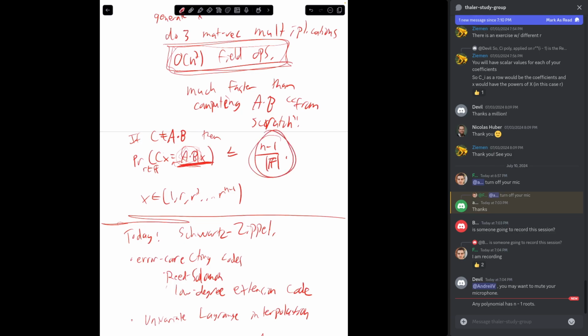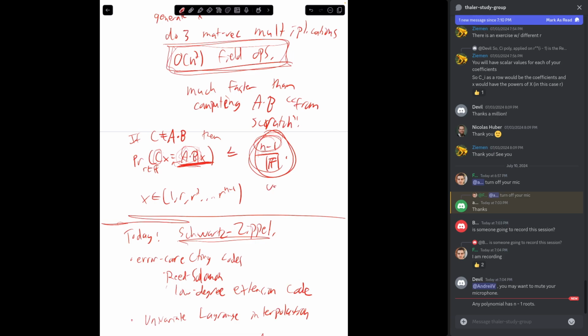Yeah, this n-1 over field size is coming in because it's treating every row of C and A times B as a degree n or degree n-1 polynomial, and two distinct polynomials of that degree can agree at most n-1 points. And there's a variation which I mentioned last week, and I'll mention again right after we discuss Schwartz-Zippel, where rather than treating the rows as univariate polynomials, it treats them as n-variate polynomials, and then this n-1 will go to 1.